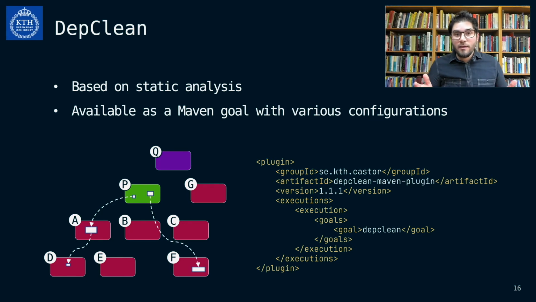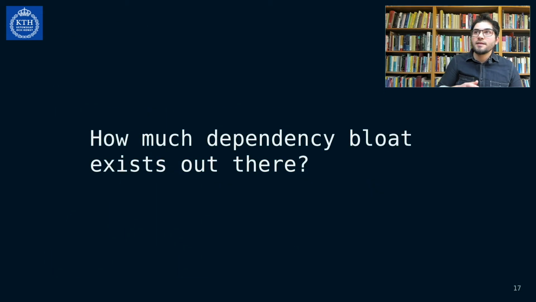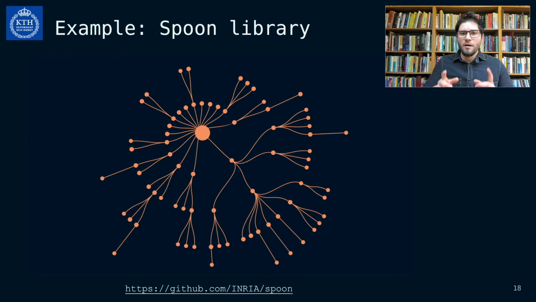Having DepClean in our toolset, one question arises immediately. How much dependency bloat exists out there in the wild, in the entire Maven ecosystem? Let's see a real example just to put this question in a proper context. This is the dependency tree of Spoon, a library for metaprogramming and source code analysis.